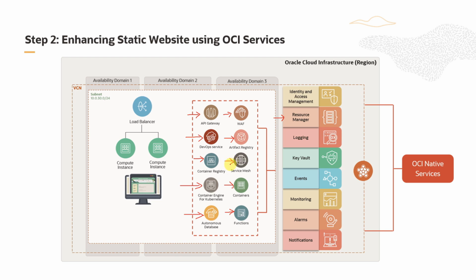Service Mesh within OCI can be used to facilitate communication between microservices, which improves reliability and enhances observability within the distributed architecture. Lastly, we'll utilize core OCI services such as logging, notifications, and secrets encryption with OCI Vault to enhance operational visibility, monitor applications' performance, and ensure secure management of sensitive data and credentials.